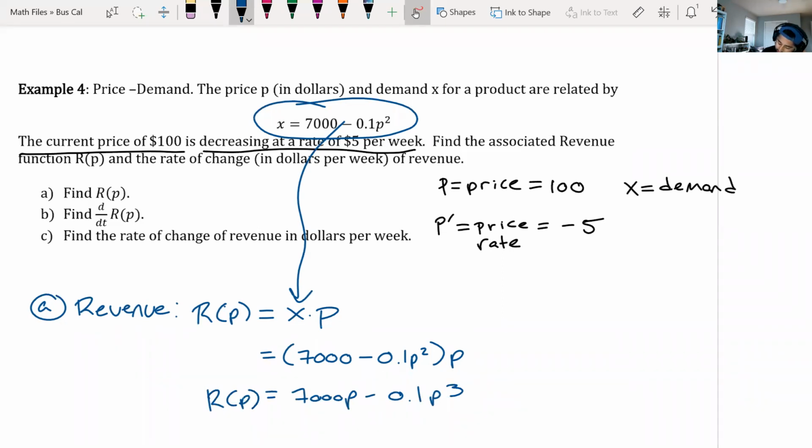And there's our revenue function. All good?